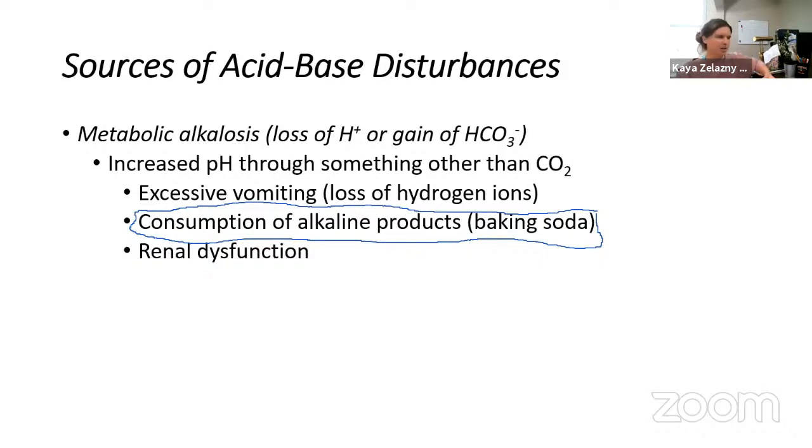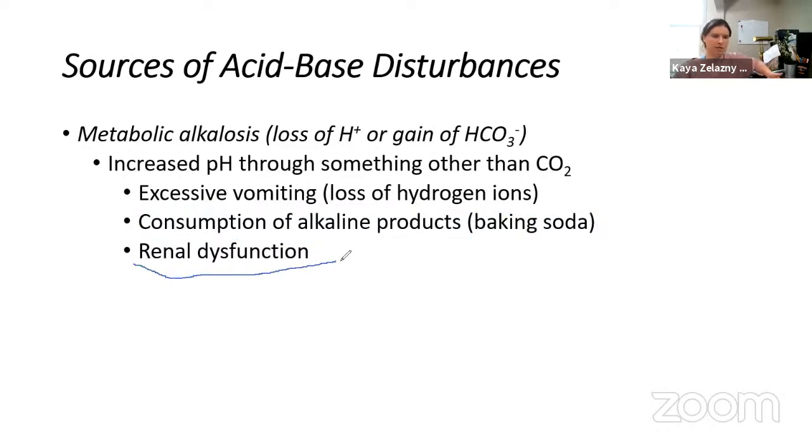Consumption of alkaline products would lead to metabolic alkalosis. Renal dysfunction, in the opposite direction from our previous renal dysfunction, right? So kidney problems, depending exactly what they are, could cause acidosis or alkalosis.